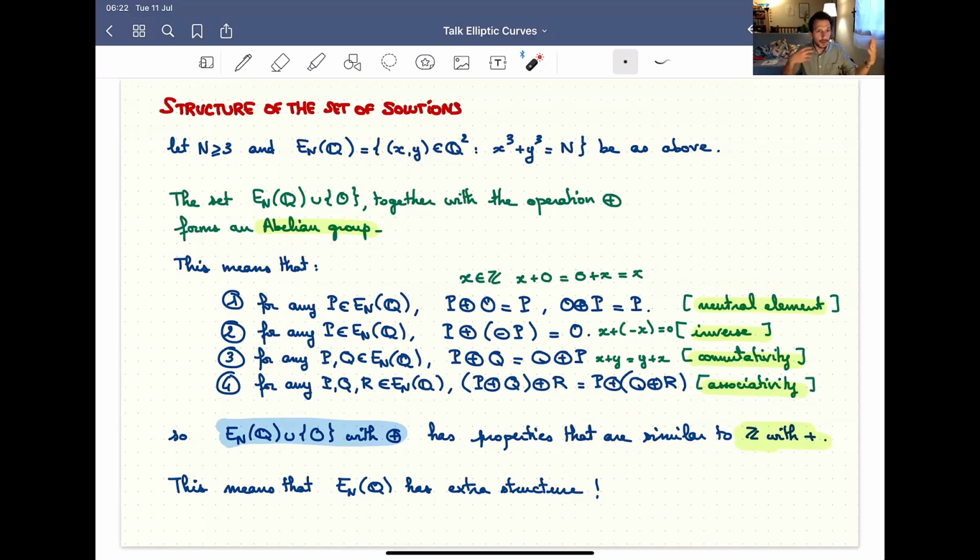The rules for this operation are similar to the rules that you learned in school for adding or subtracting integers. So this is very cool, and this is one of the reasons why elliptic curves are studied so much. It's because the set of solutions is not just any random arbitrary set, because of this extra structure, this magic operation, plus with a circle, that I've spent some time describing.